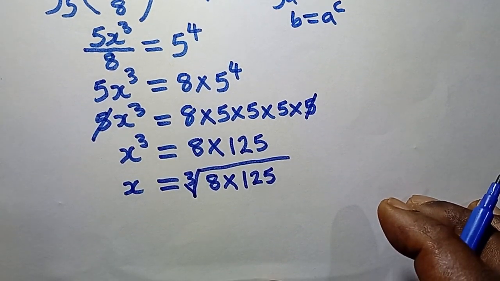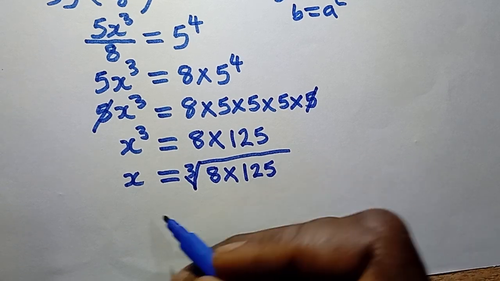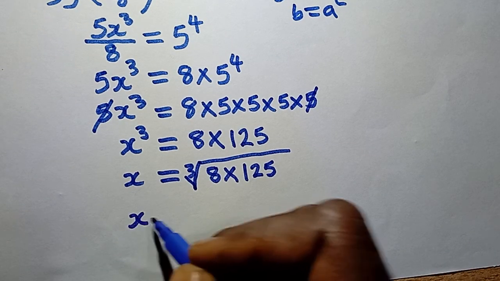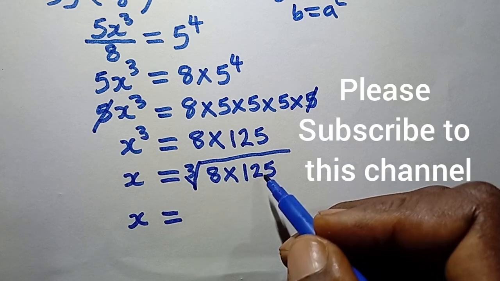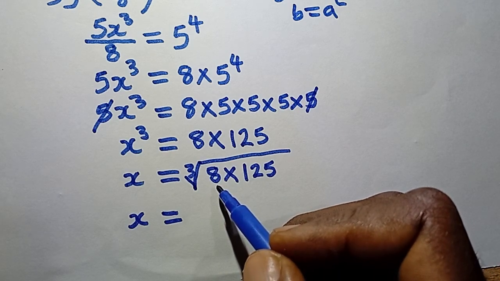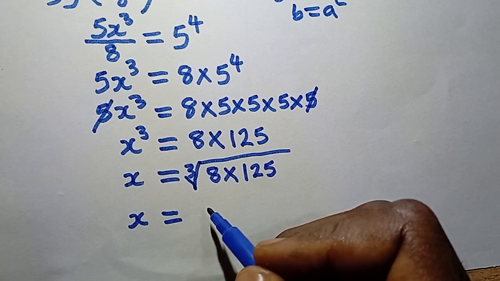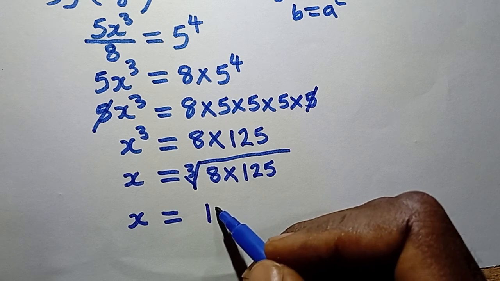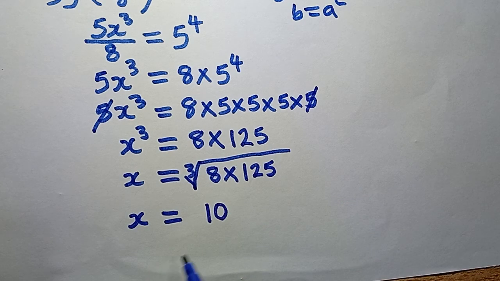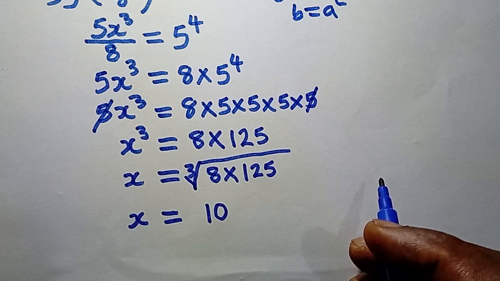Now, to get the cube root of 8 times 125, if you evaluate it from your calculator, you're going to get x is equal to... the cube root of 8 times 125 can be expressed as the cube root of 8, which is 2, multiplied by the cube root of 125, which is 5. So that will give us 10. So x automatically is equal to 10 because the cube root of 8 times 125 is equal to 10.